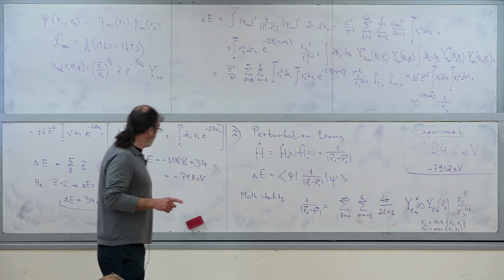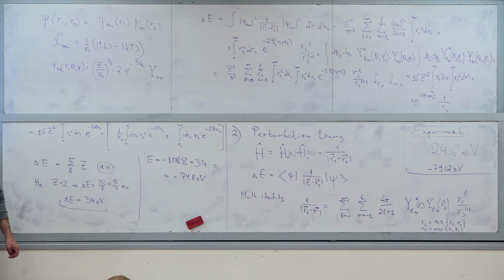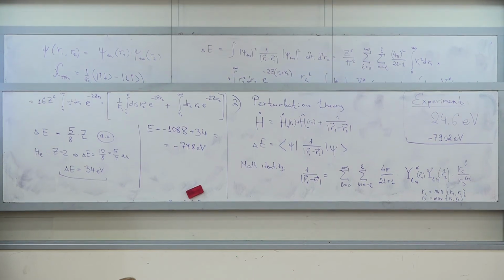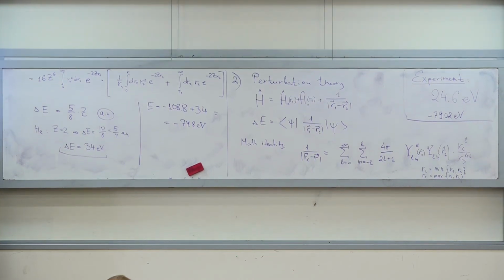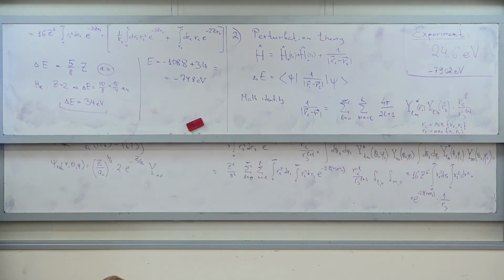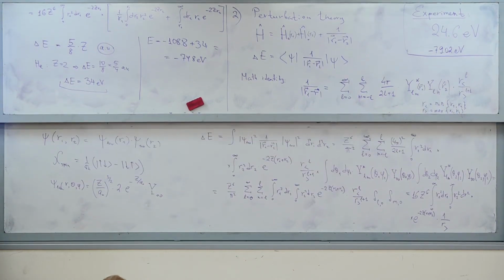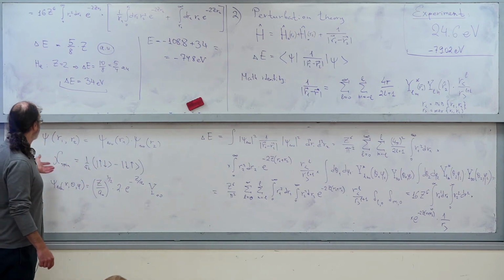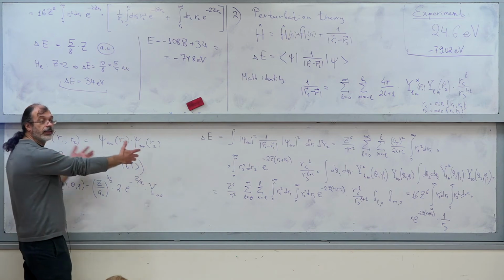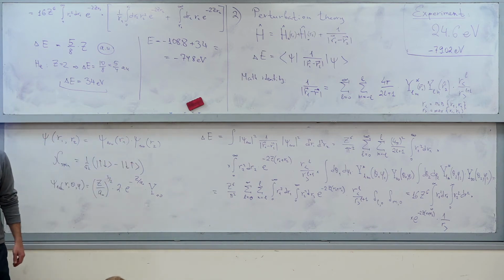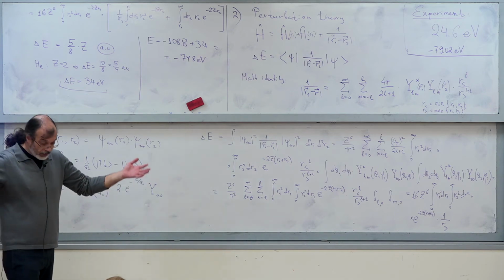But the next thing that we will do, we will try to solve this story by another method. Let's try to say what is not good in this approach. What is not good in this approach is to assume that the wave function is still the wave function of a hydrogen atom.